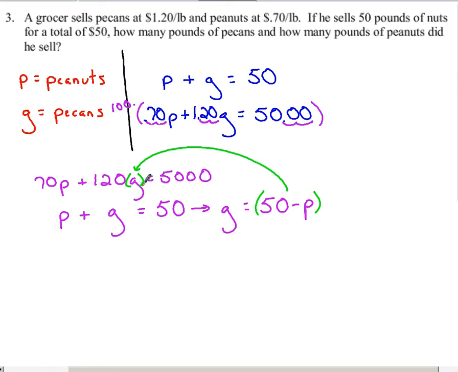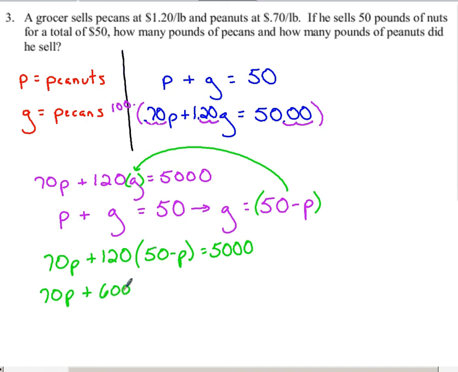So I get a new equation where I'll be able to solve for p. That's the number of peanuts in terms of pounds. All right, let's get ready to crunch some numbers here. If I distribute that 120, I've got 70p plus 120 times 50, which would be 6,000, minus 120p, equals 5,000 here.